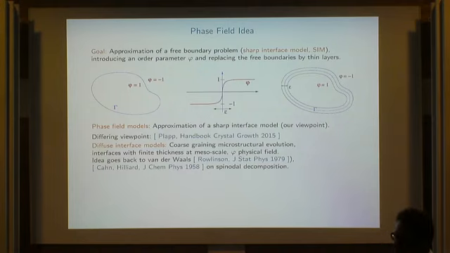He had the mass density in mind as the order parameter phi that changes its value but doesn't jump across the interface between the gas and the liquid. So he had this notion of the diffuse interface already. It wasn't jumping, but changing its value over a thin layer, say some nanometers or whatever. But we take the point of view that we use this as a tool to approximate the free boundary problem.